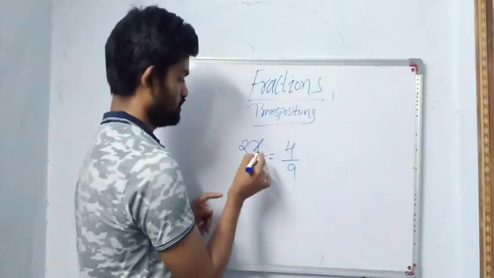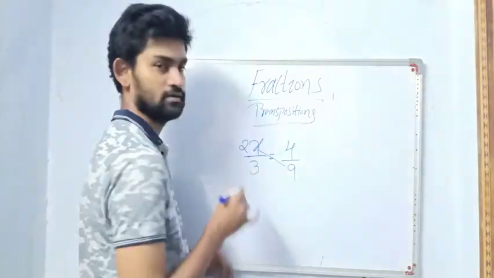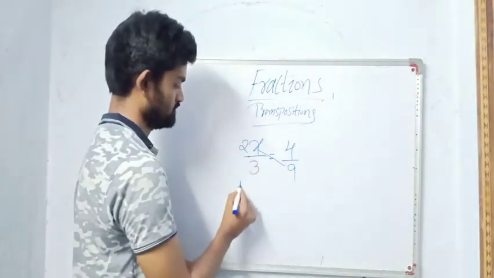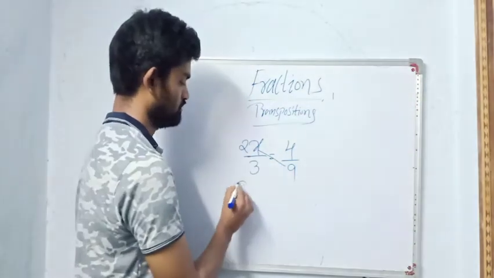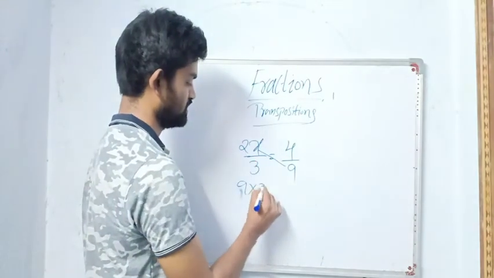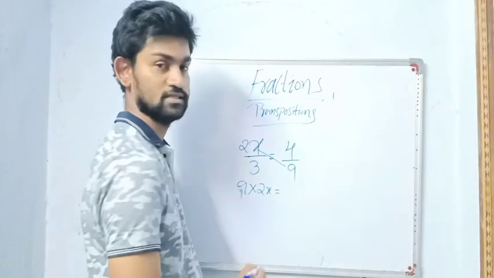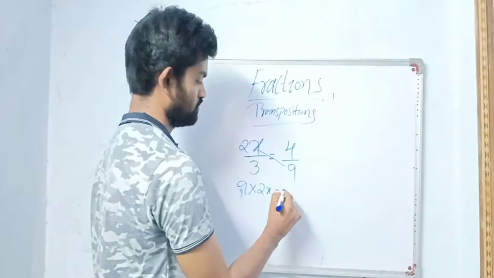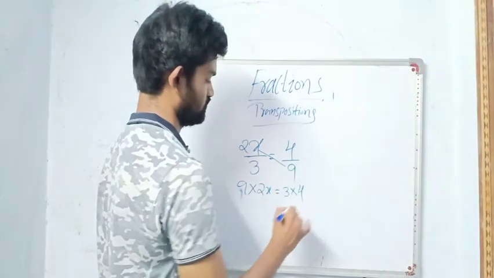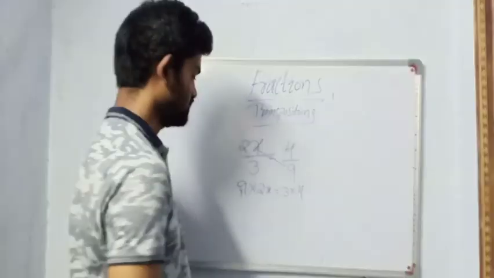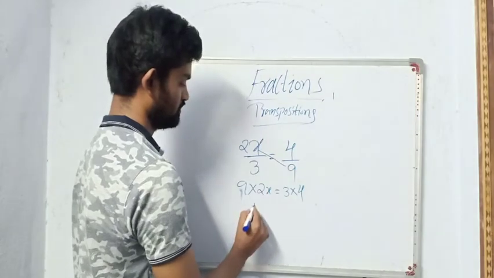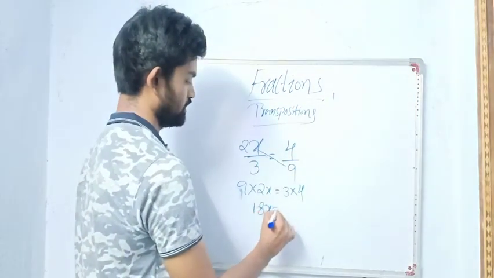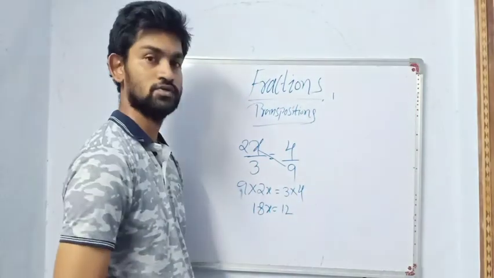Numerator to the denominator. 9 into, what is the numerator here? 2x is equal to 3 into 4. We'll write 3 into 4. Now what did we get here? 18x is equal to 12.